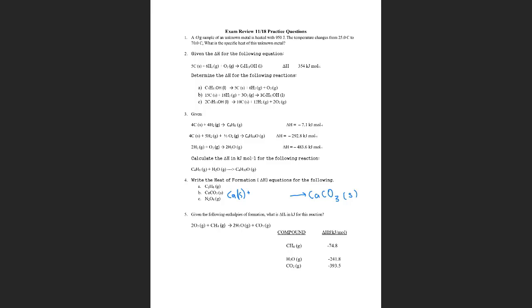We already talked about this, but yes, always break up the polyatomics. Everything's going to be in its standard state. So a polyatomic has bonds within it, and so it's not in its basic state. So for our carbon, yeah, it's a solid. Carbon's not a diatomic, so it's not going to be C2. Yeah, perfect. So it's going to be carbon solid.